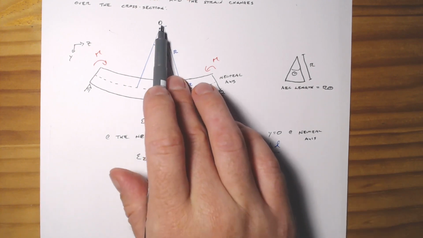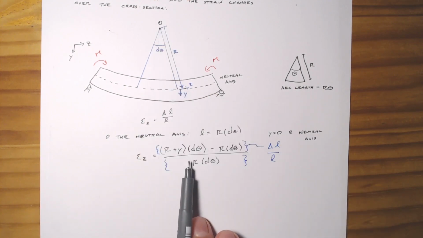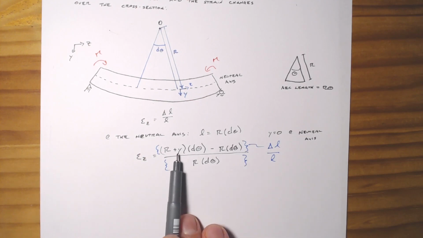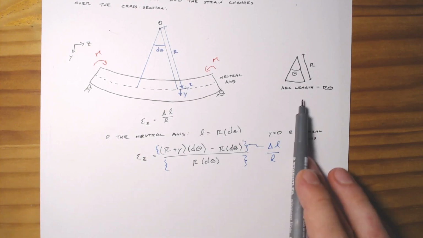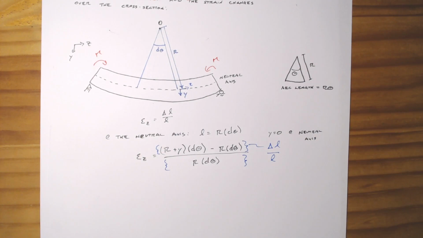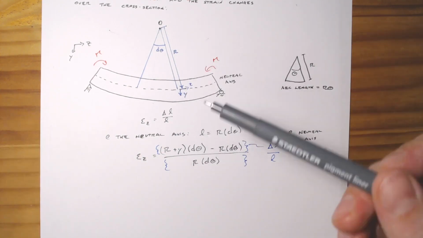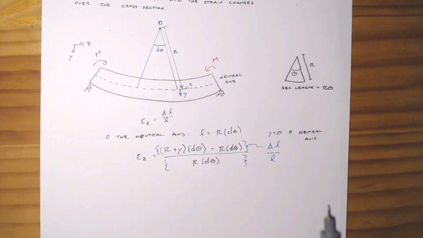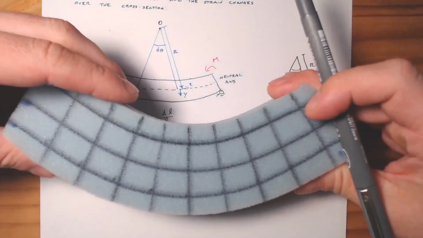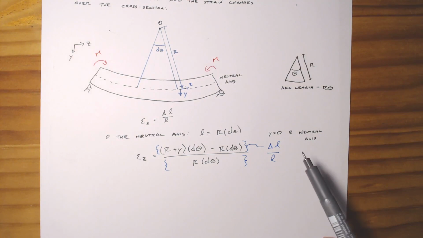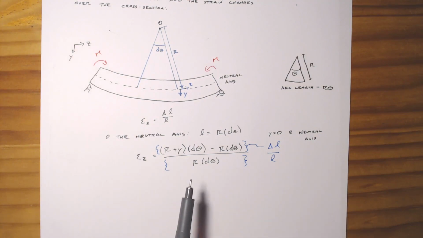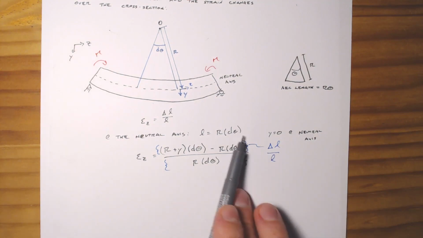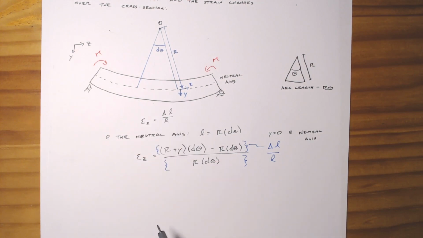If we move towards the center of rotation of these plane sections, y is negative, and so our arc length gets smaller. So the only strain which is happening is simply from geometry, from those plane sections rotating like so. And again, this all just comes down to defining strain in terms of the arc length.